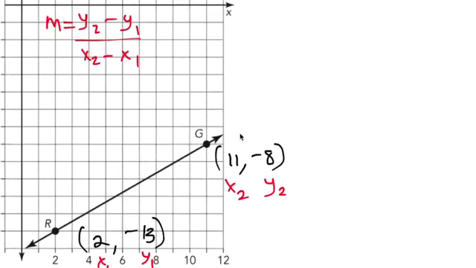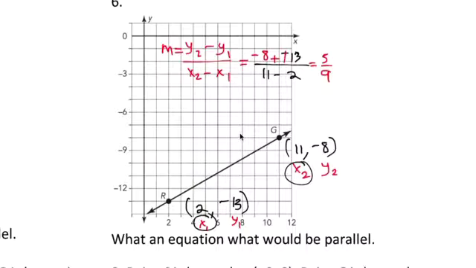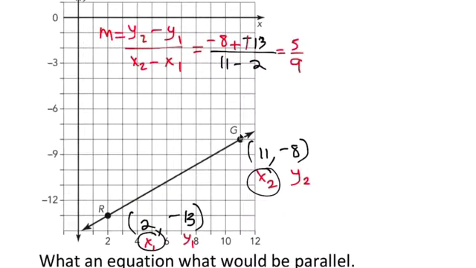Negative 8 minus negative 13 over 11 minus 2. Here's the additive inverse, plus, and negative 8 plus 13 is 5, positive. 11 minus 2 is 9. 5 over 9.